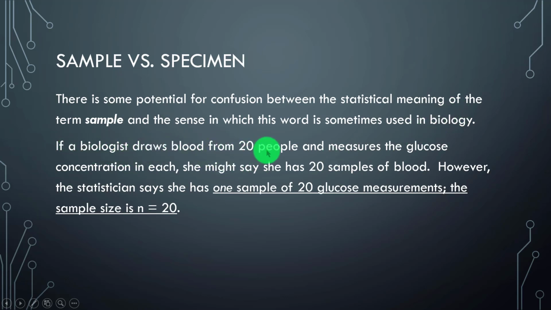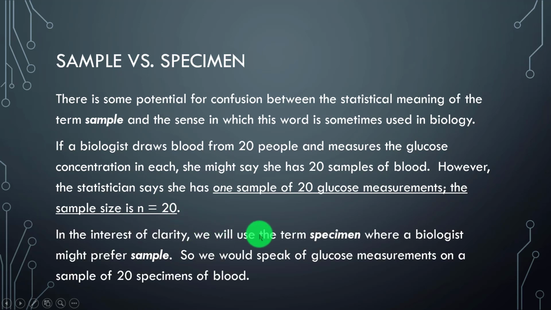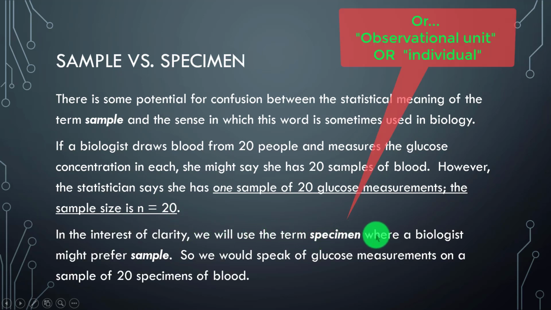For instance, if a biologist collects blood from 20 people and measures anything, glucose, they might say that they have 20 samples of blood. 20 people, 20 samples of blood. However, the statistician, which is you, would say that you have 1 sample of 20 glucose measurements, and the sample size is 20. So in the interest of clarity, let's try to use the word specimen where a biologist might prefer sample.